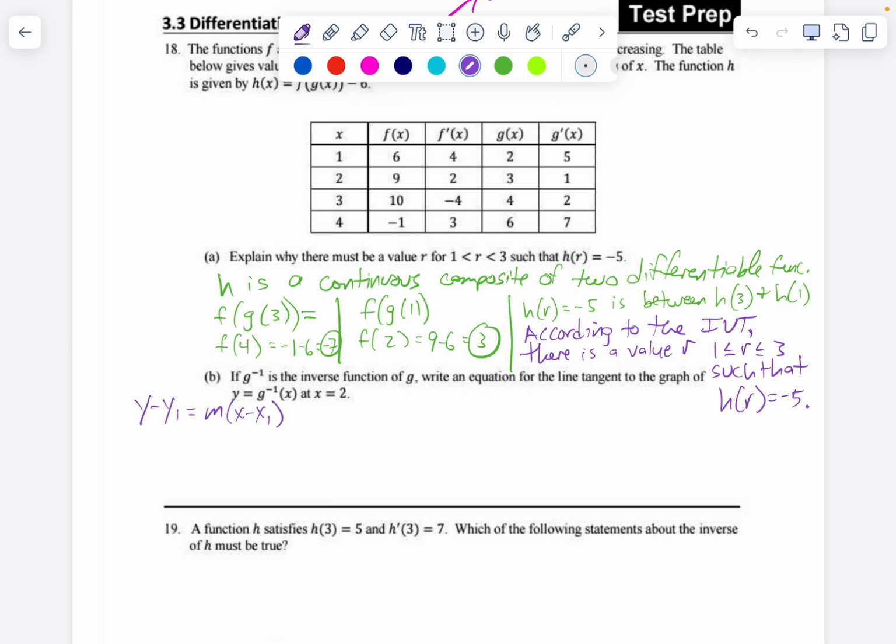So at x equals 2 means what? Means I'm going to put a blank for g inverse. What does x equals 2 mean for g inverse? Remember we switched those, right? Okay. So if we say g is 2, x is 2, what is inverse?